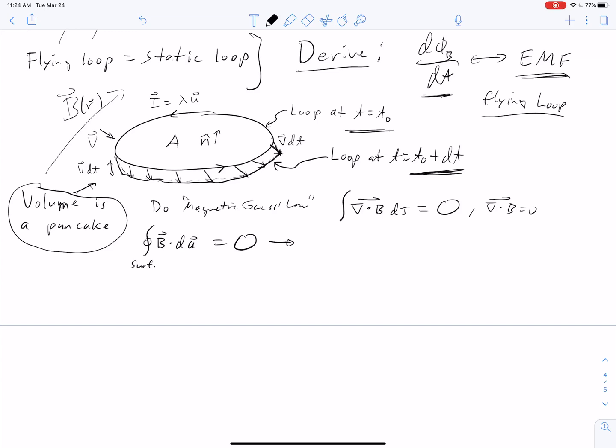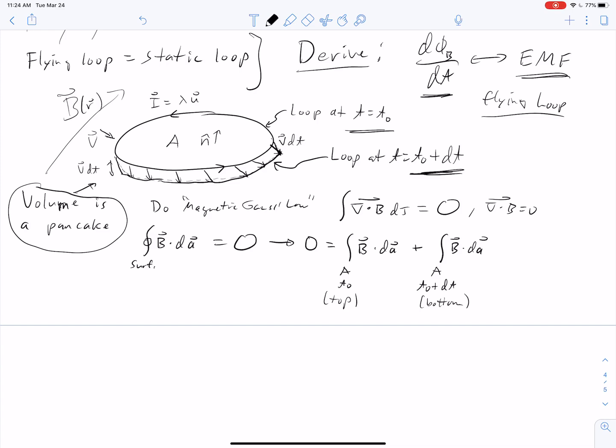If I do that, then 0 is equal to the integral over the area at t naught of B dot dA over the top surface, plus the integral of B dot dA over the area at the later time, t naught plus dt, the bottom surface.